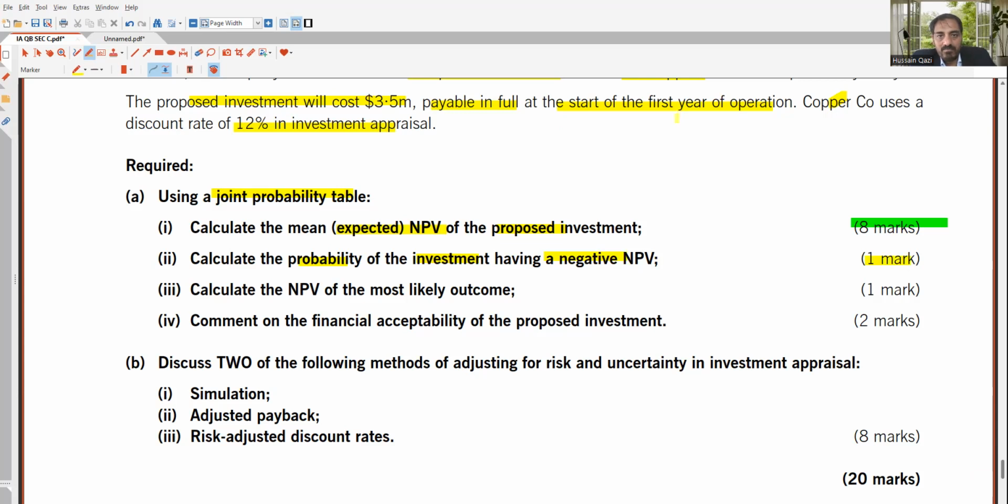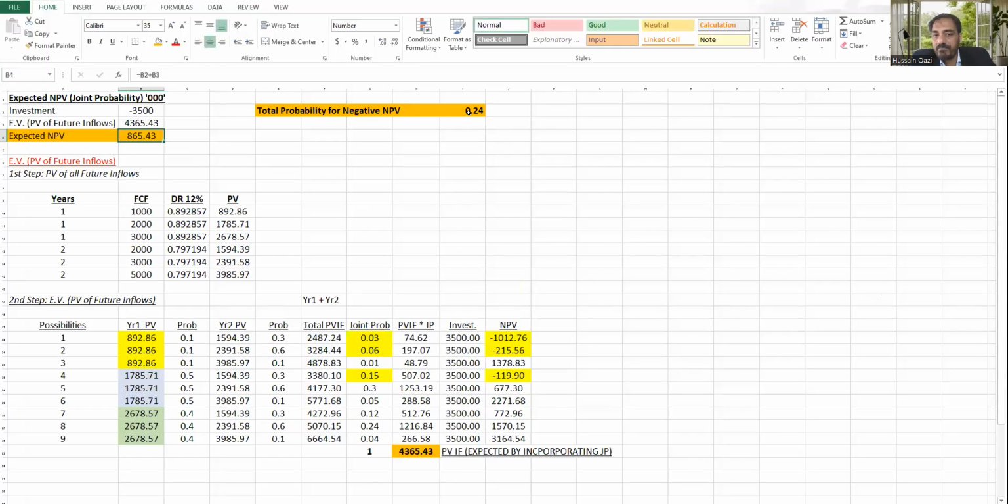We have done it: 24%, the negative NPV. What did we do? Total present value of inflows minus investment. That's all.